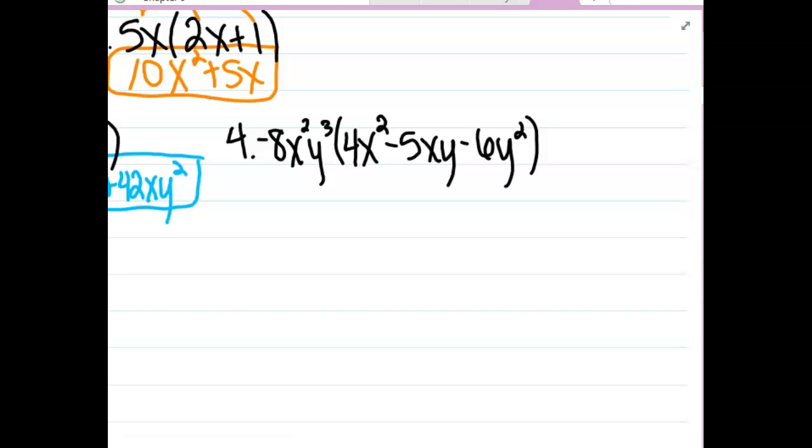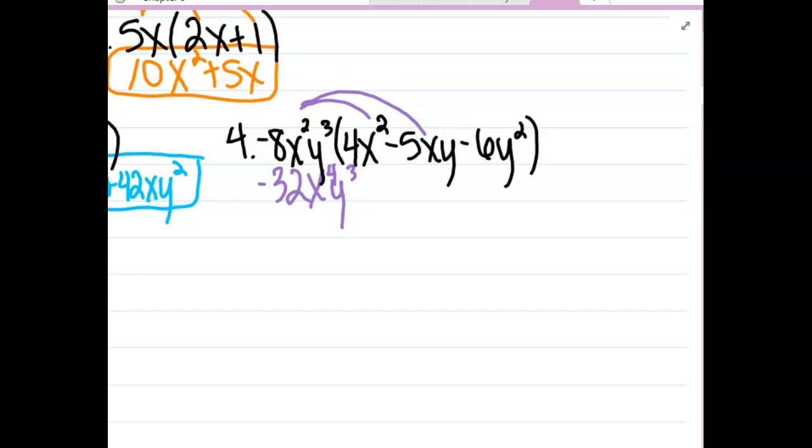So these aren't difficult, but you do just have to take them really slow. Okay? When you distribute first, do the numbers first. Negative 8 times 4 is negative 32. Do the x's. X squared times x squared would be x to the 4th. And then we just have the y cubed.